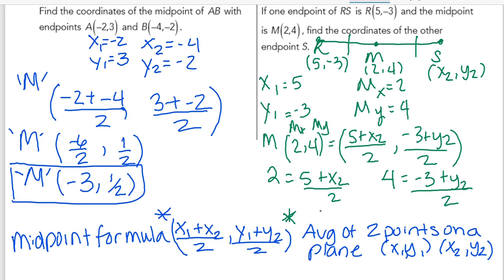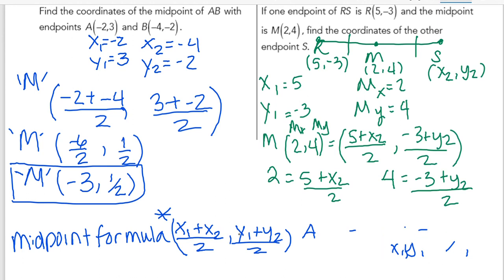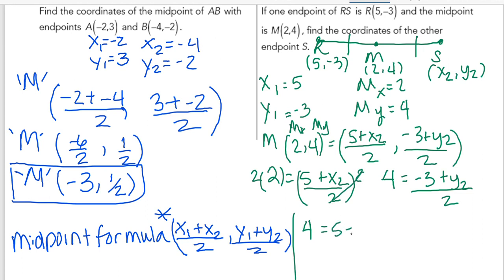So in this case, let me just go ahead and erase some of this stuff. We're going to cross multiply or get rid of the 2. And to do that, you're going to have both sides times 2.